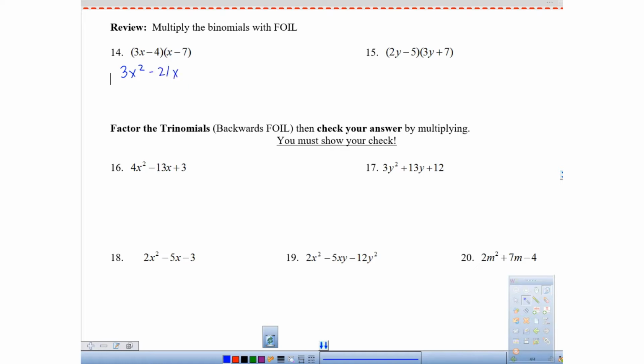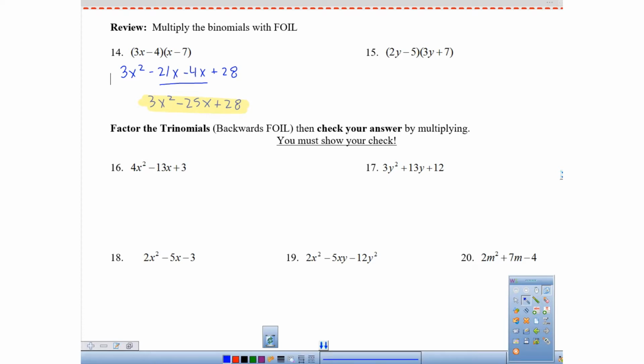That's a negative 21x. A negative 4 times x is a negative 4x. A negative 4 times a negative 7 is a positive 28. Add those together. 3x to the second minus 25x plus 28 and that's your answer. And again, the reason we're doing this is because this is the opposite of FOILing. So just kind of working backwards for a second.